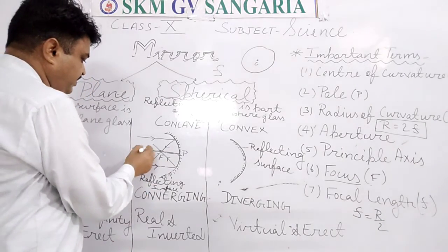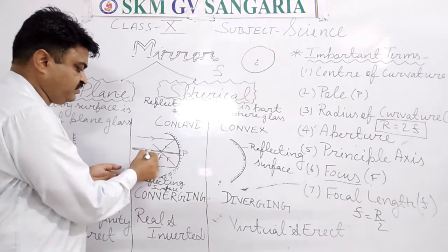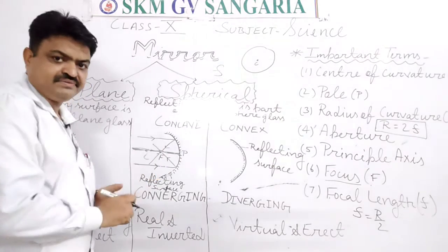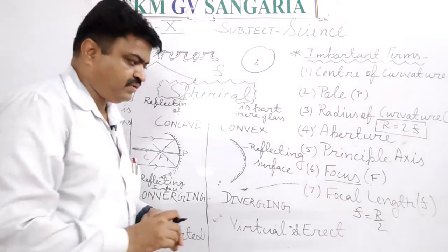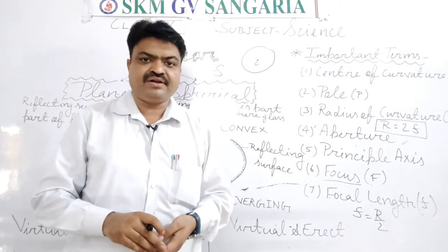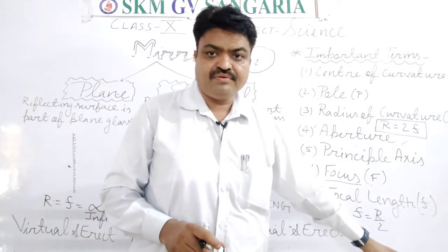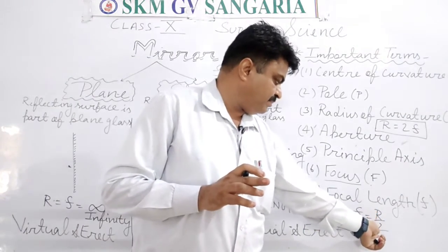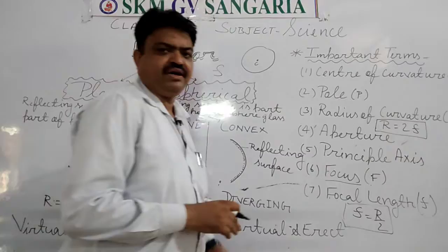From C to P is the radius of curvature, and the principal focus is the midpoint of this. The formula is focal length equals radius upon 2, and with its help we can get the focal length.